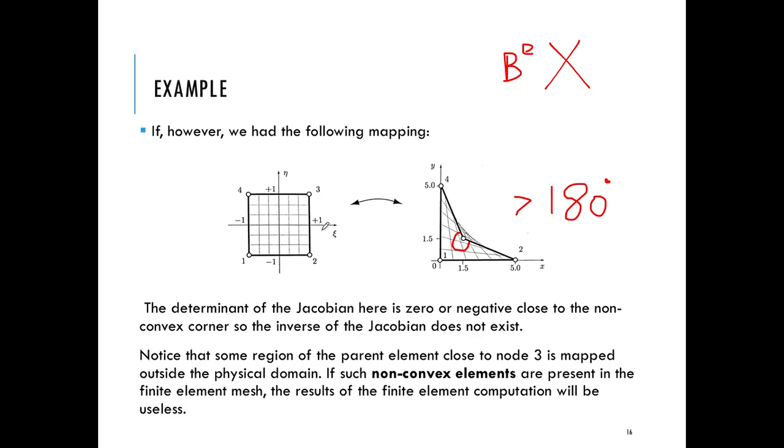Most modern finite element software do have some sort of a check that makes sure that these sort of elements do not exist in your mesh. However, it's good for you to know this piece of information so that you can keep an eye out and make a check yourself manually as well.